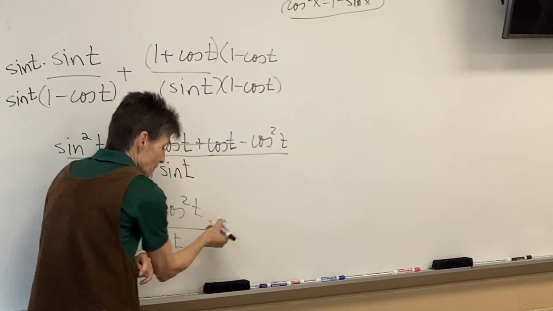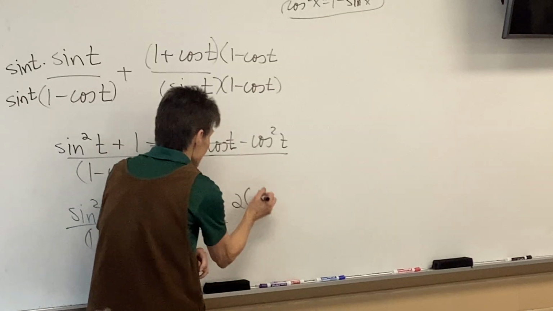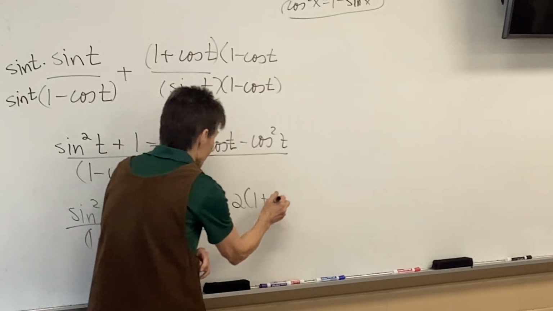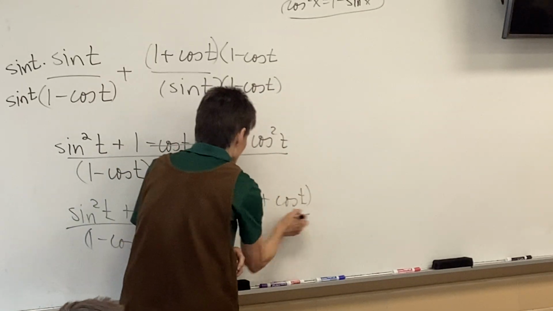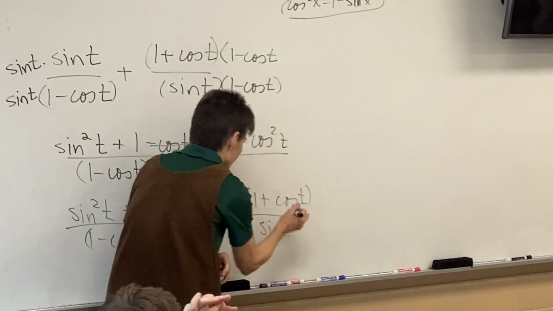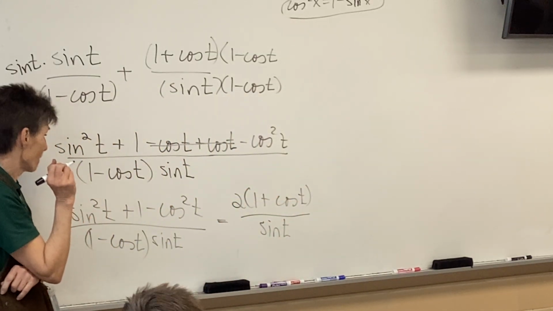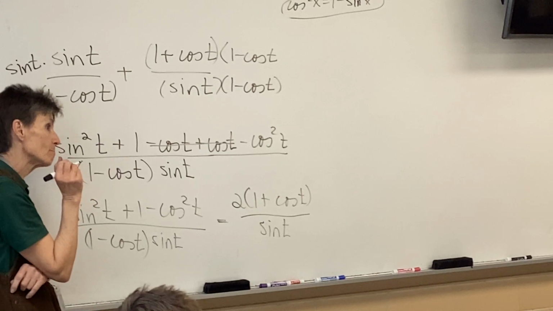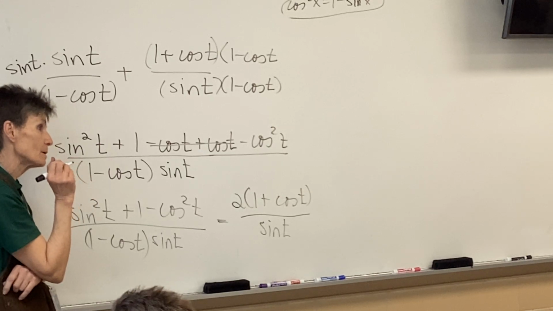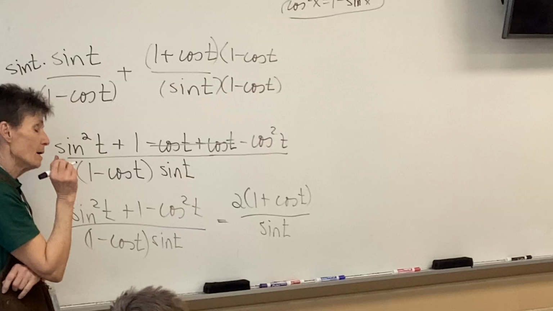I'm going to write down what I want to end up with. I have an idea. Right here, cosine squared, let's substitute 1 minus sine squared, so then you can cancel it out.